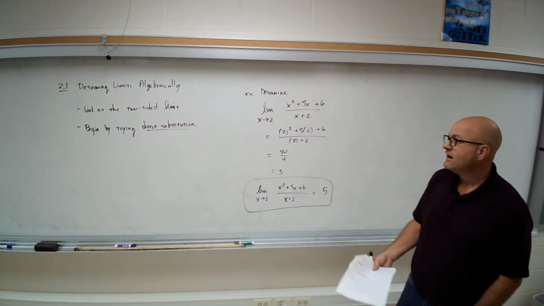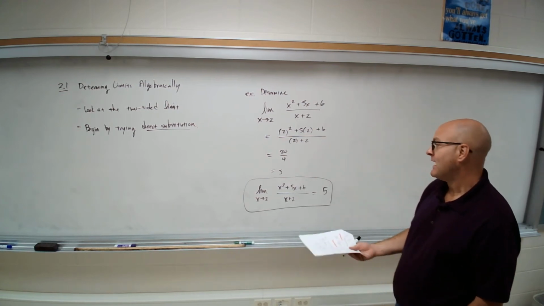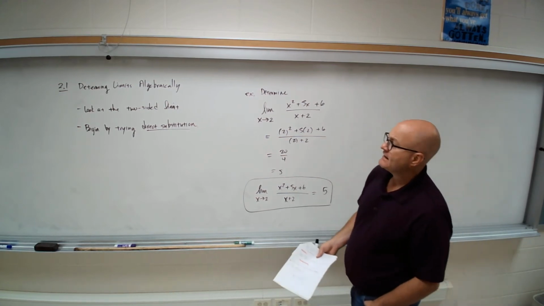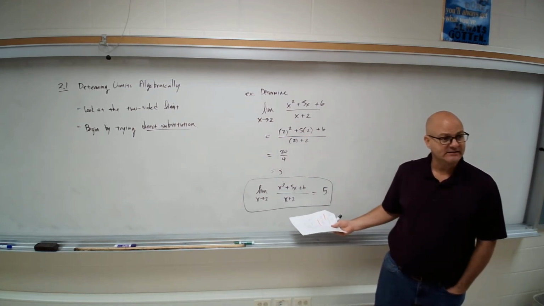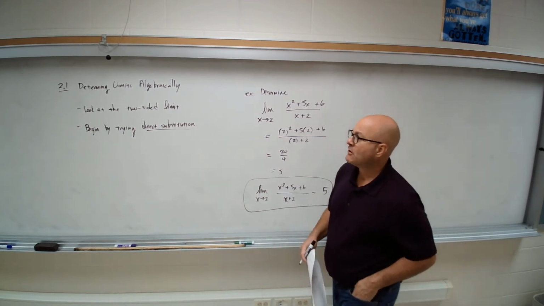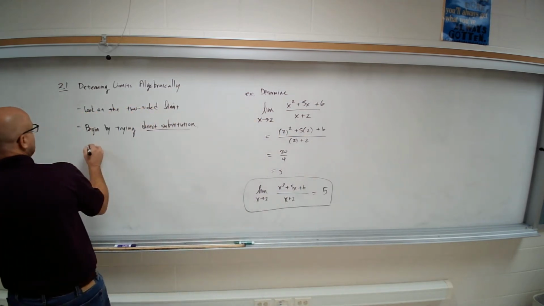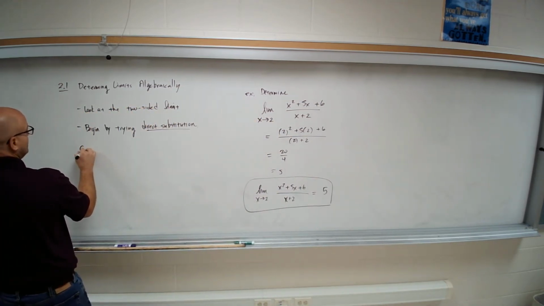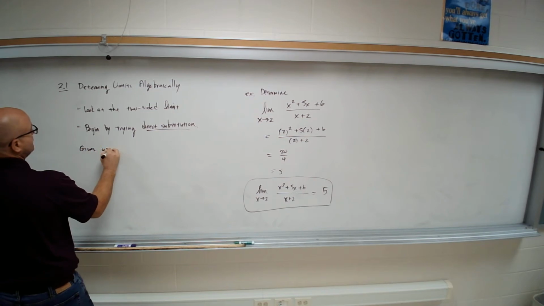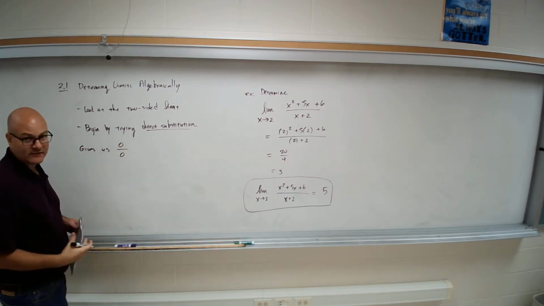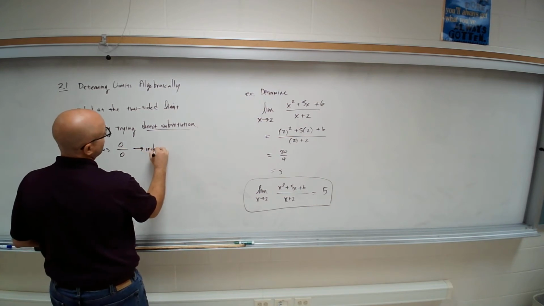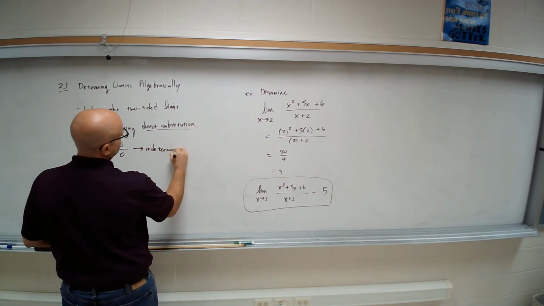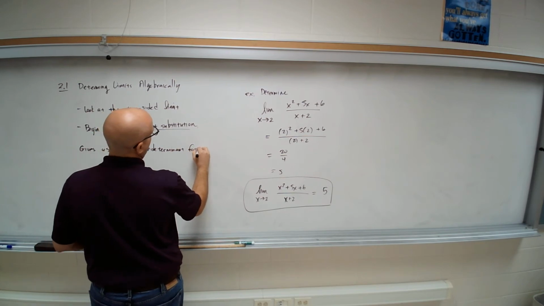Where things get interesting and we have to be a little more creative is when we try direct substitution and we don't get a nice answer like this. The one we're most concerned about is if direct substitution gives us 0 divided by 0. This is what's called an indeterminate form.